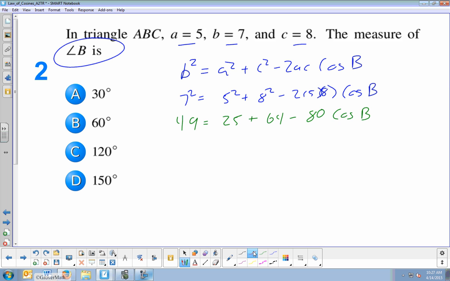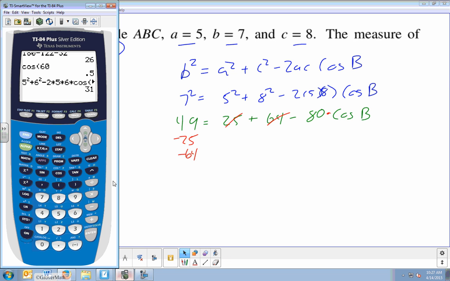Because I'm trying to find angle B, I first have to find cosine B, so then I can do second cosine to get angle B. I want to move these things over, so I need to minus 25 to get rid of that over there. I need to minus 64 to get rid of that over there. But I can't add 80 to remove it because this negative 80 is attached by multiplication with this cosine B. So I want to first just start by subtracting those numbers over. 49 minus 25 and minus 64 is negative 40.